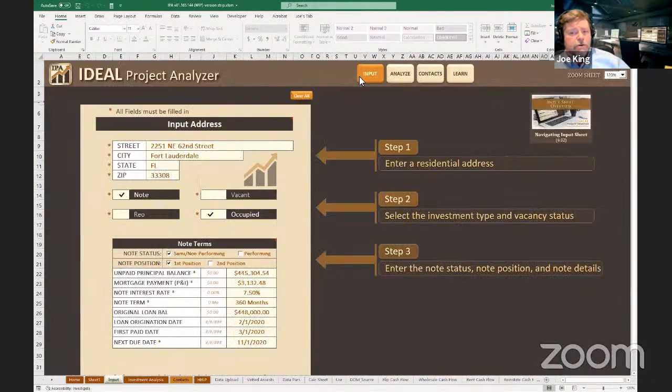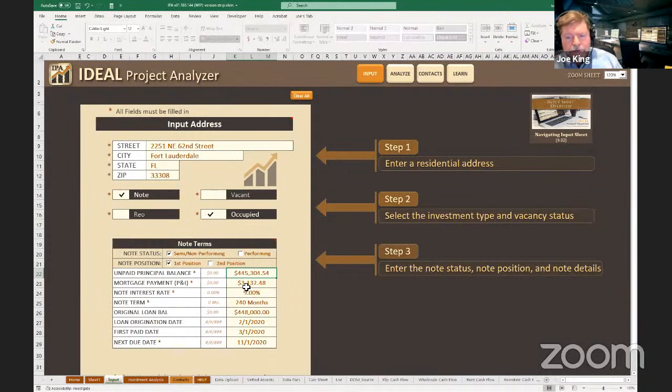In fact, you can actually go right back to the input sheet and you can change this to 9%. You can change your terms to whatever it is you're going to do your seller financing for. Maybe it's 240. And let's say the unpaid principal balance maybe changes to something higher or lower.